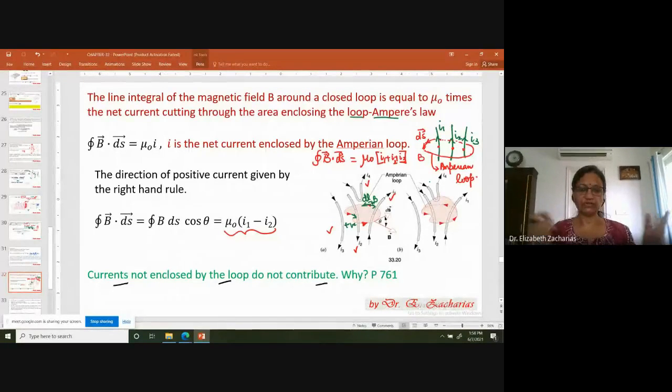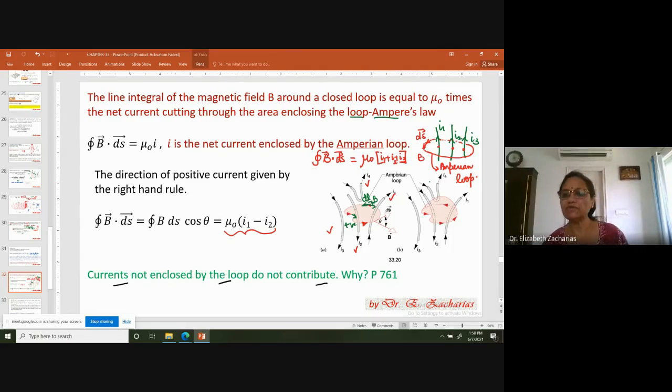You keep the piece on your mouth and blow. Imagine your mouth to be that line integral. When you blow out, the balloon surface comes like this, or when you suck it in, it goes like this. That is not going to change integral B dot dl, which depends only on the contour.